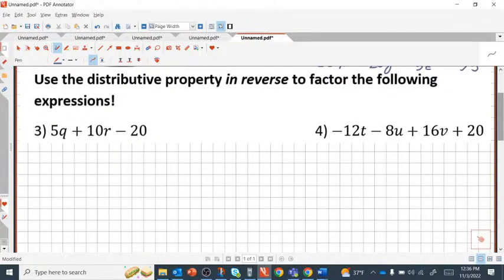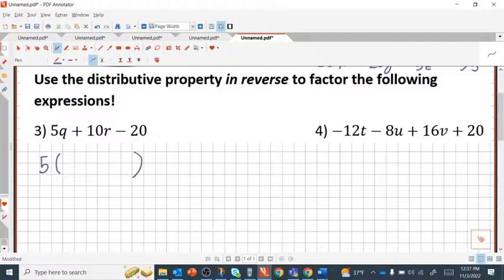Okay. Now let's use the distributive property in reverse to factor this expression. Let's see if I can get a little bit of help. Olivia, how many care packages could we split this up into? 5, because all those numbers go into 5, or 5 goes into all those numbers. So I'm going to have 5 on the outside, and then a bunch of stuff in the parentheses.